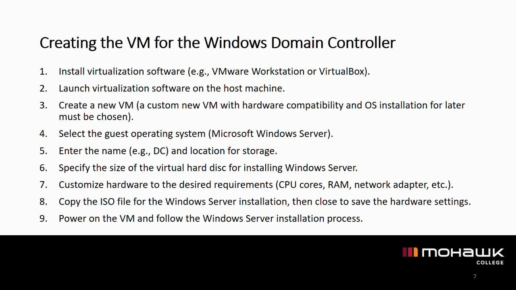Power on the virtual machine and follow the Windows Server installation process. This should be done after creating the virtual machine, and we have to complete the installation of the Windows Server with its product key.